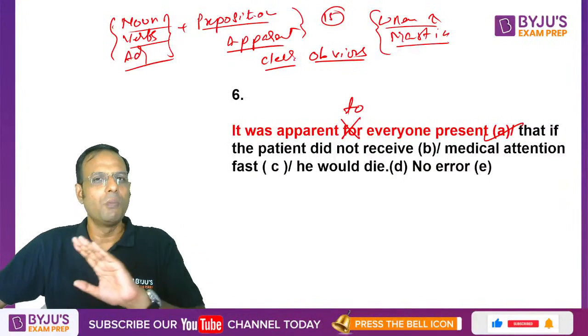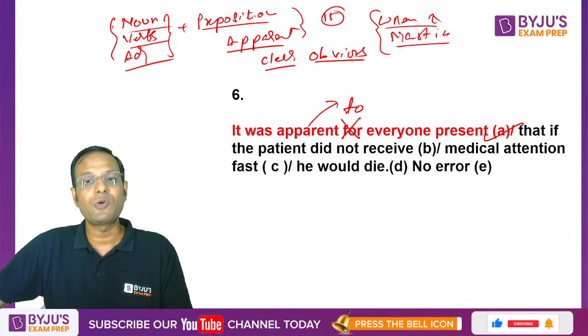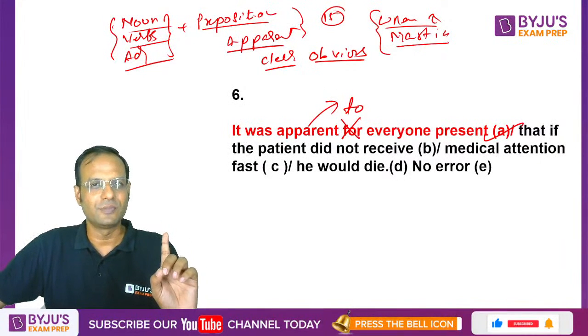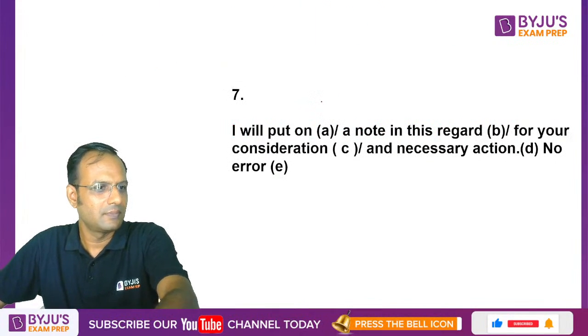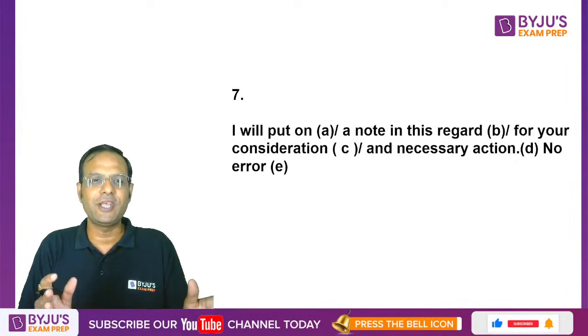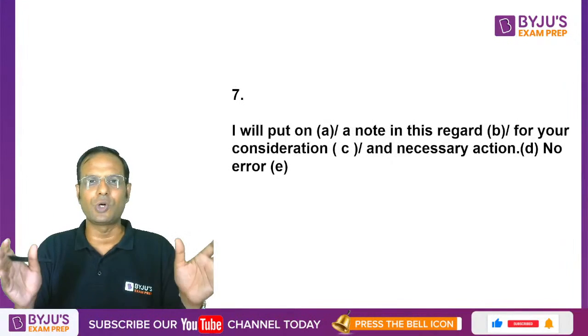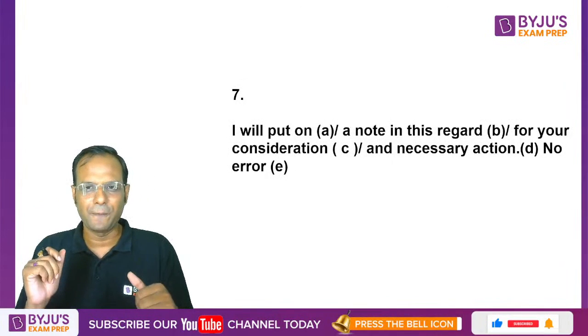Don't try to mug up things by heart. As for this question, apparent always takes to. Before you start solving spotting the errors, Manaswini, if you go through the concepts, you will get most of the answers right.